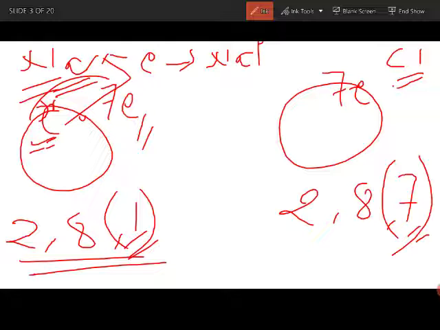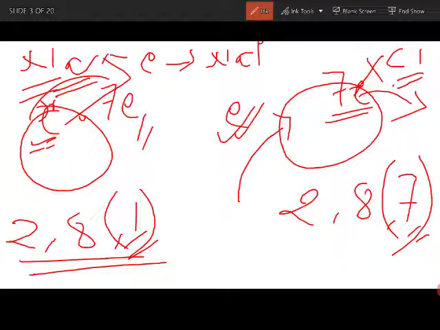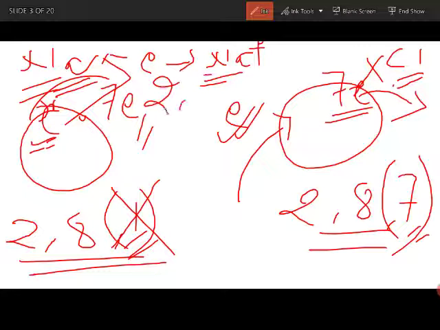Come to chlorine. Chlorine has got 7 electrons in the outermost shell. Now which is easy for chlorine? Accept 1 or donate this 7. Then definitely you cannot donate 7, you will accept 1. Understood? What is chlorine? Non-metal. Why non-metal? Because it accepted 1 electron. Now let's see the configuration of Na plus. After removing this 1 electron, the configuration of Na plus will be 2, 8.